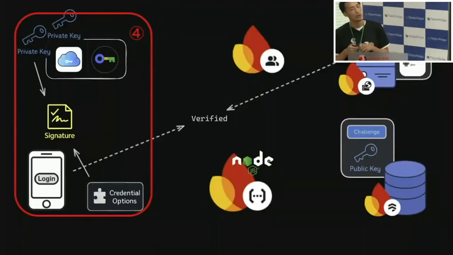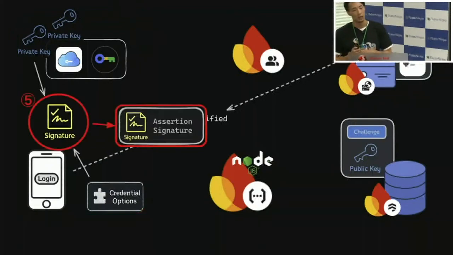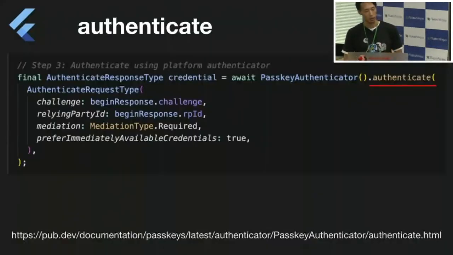Using the credential that the user has selected and also the credential options that we have received from the server side, we'll be creating the signature. Creating the signature will be done by the authenticate method in the passkeys package.